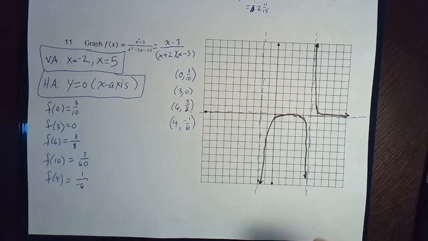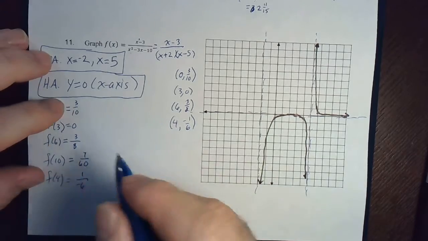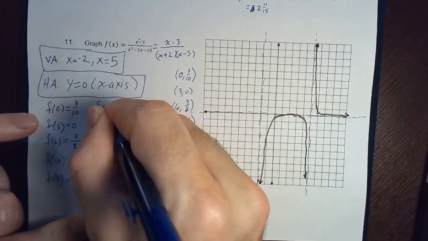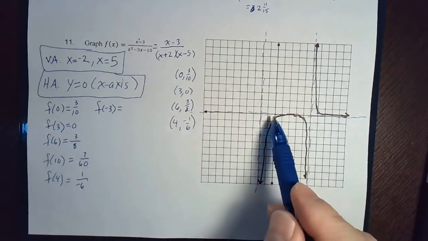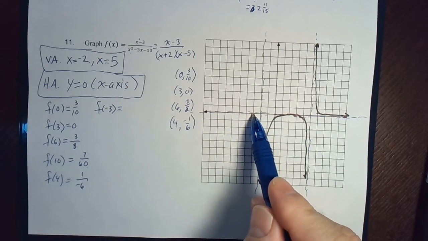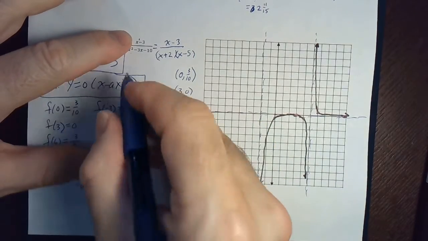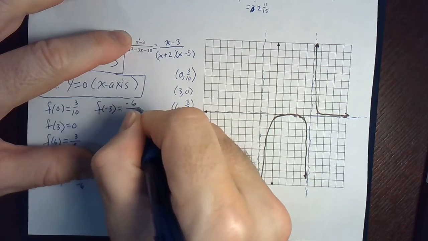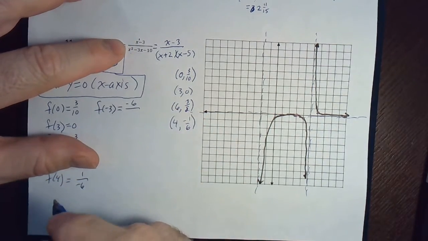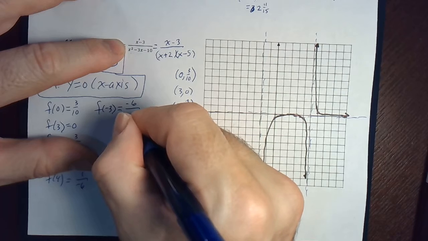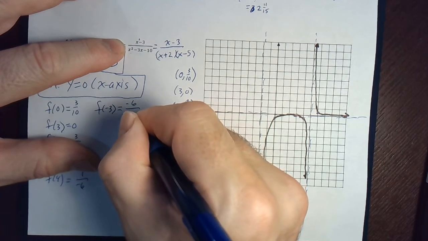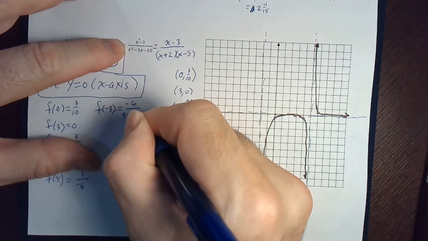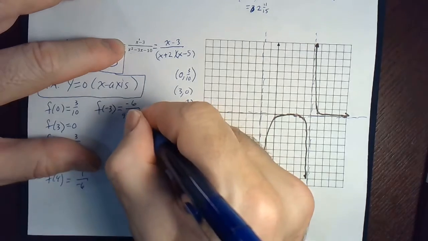Let's plug in some negatives. F of negative 3, say. So x is negative 3. Negative 3 minus 3 is negative 6 over, that would be a 9 plus 9 minus 10.